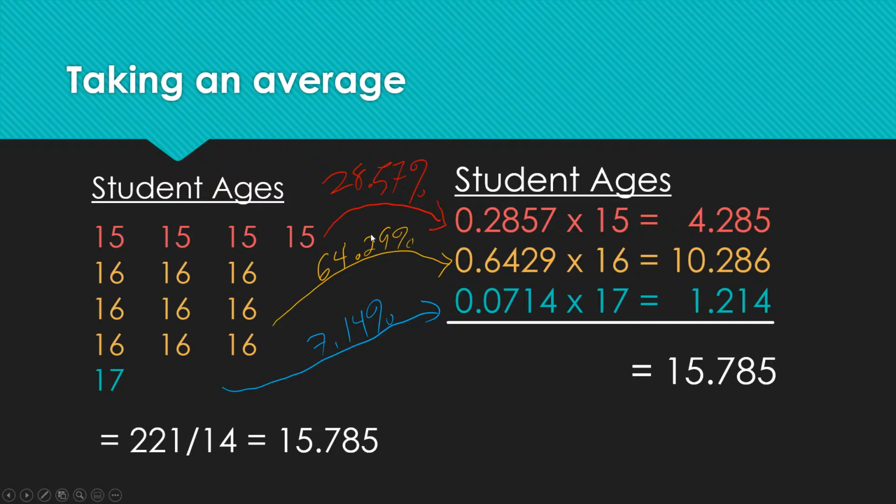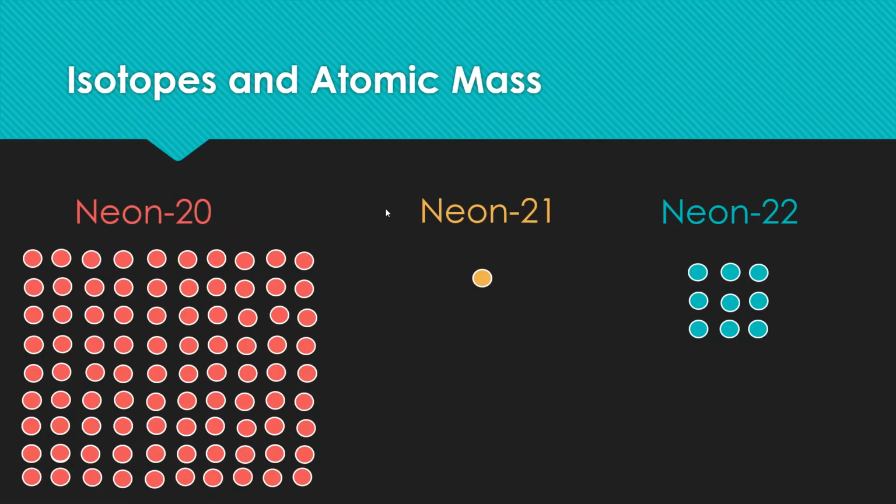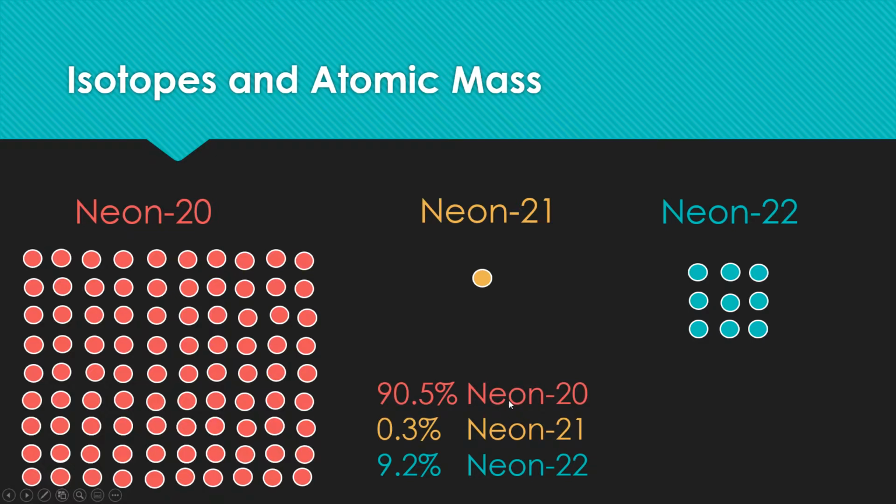Now, the reason I'm showing you this is because when we are doing atoms, and we're talking about billions upon billions of atoms, like neon 20 is all these sort of atoms, right? 90% of all neon is neon 20, has 10 protons and 10 neutrons. 0.3% is neon 21, just a fraction of all neon.